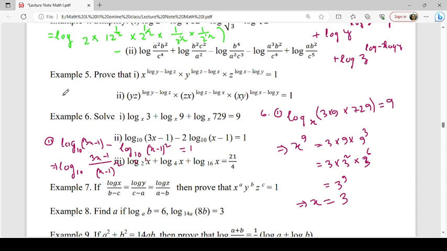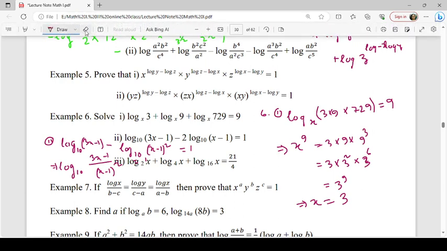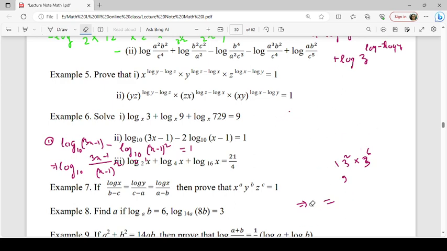I am erasing this because we need space. Now, 10 to the power 1, because the right hand side is 1.